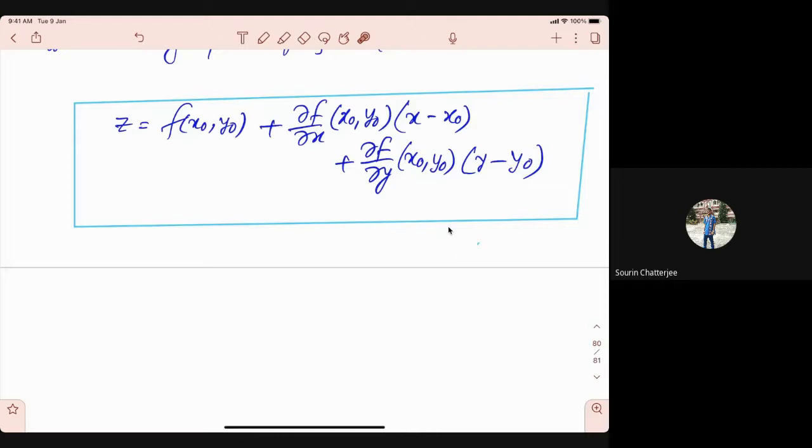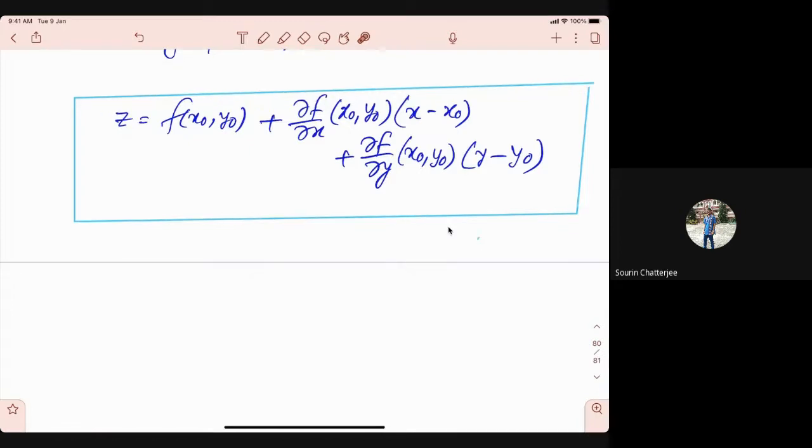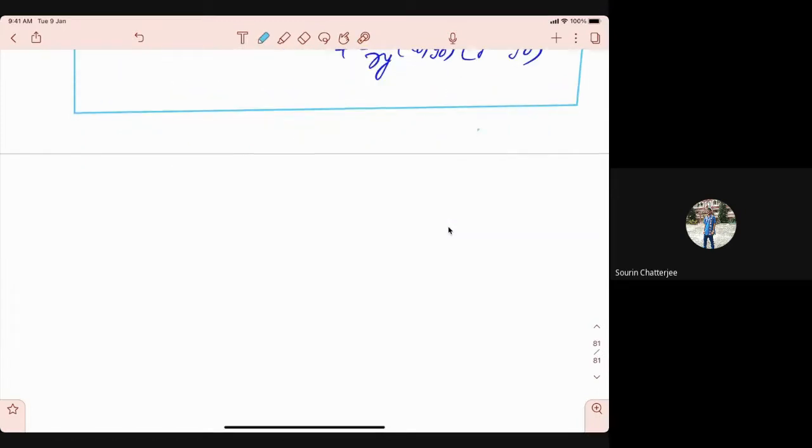Intuitively, I feel a little bit confused, because what point touches the tangent plane at 0 comma 0?